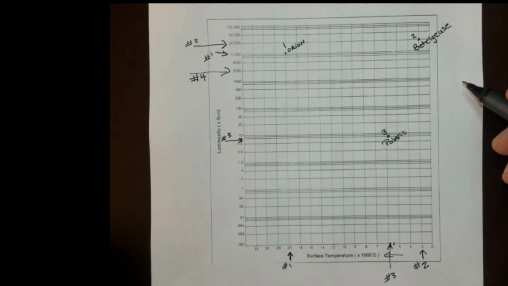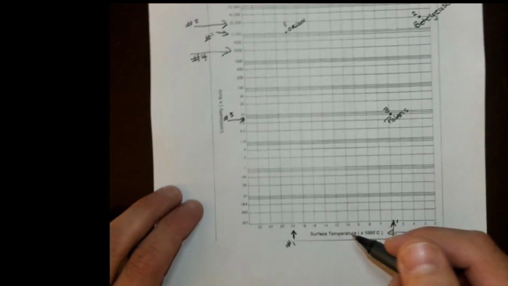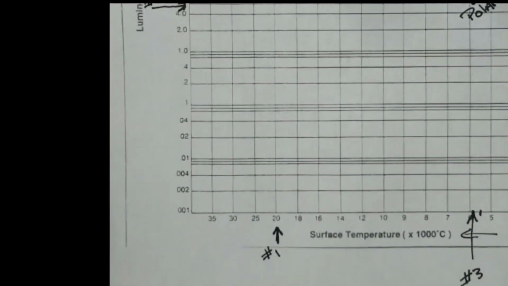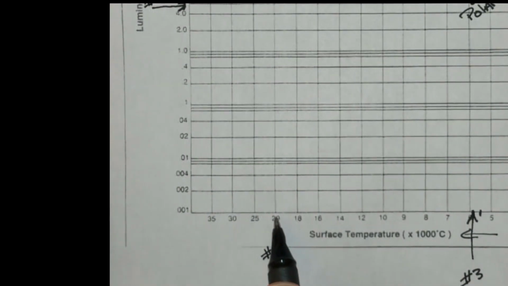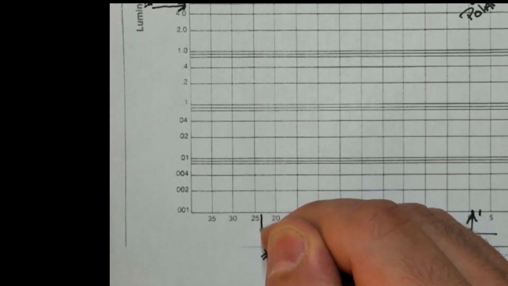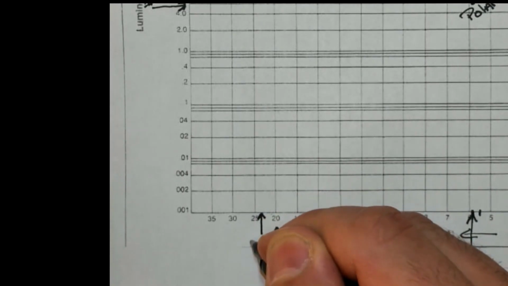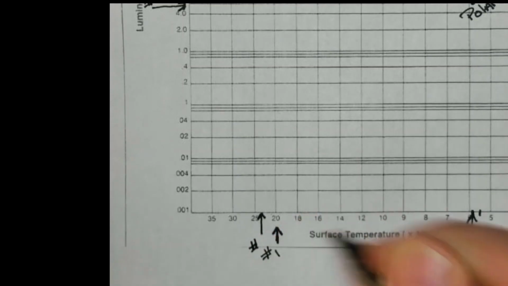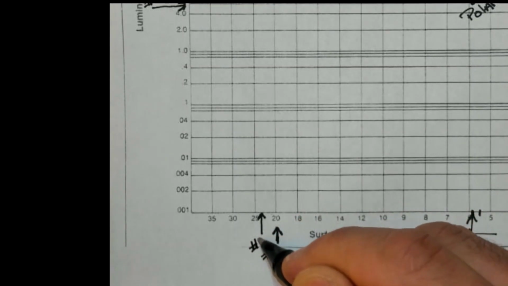And 24 for the surface temperature. Well, there's 25 right there. So where would 24 be? 20, 21, 22, 23, 24. We're just to the right of the 25. So that would be number 4.